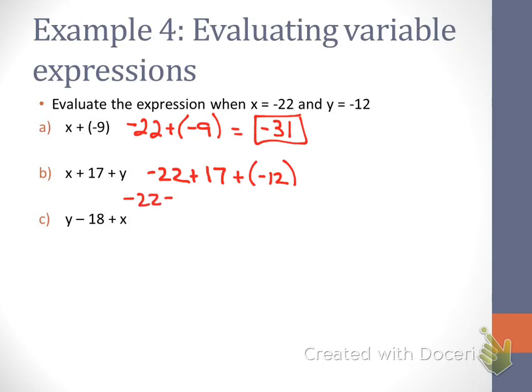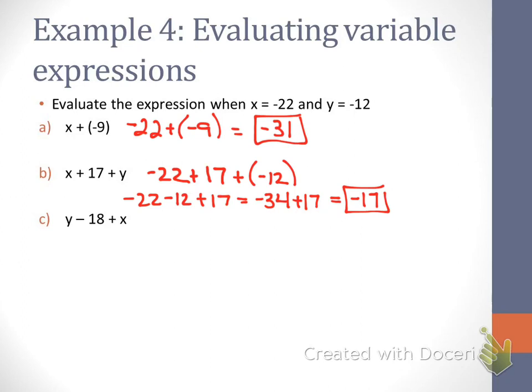Negative 22 minus 12 plus 17. I want to add and keep my common sign, negative 22 plus negative 12, or minus 12, to get negative 34 plus 17, and my answer is negative 17. All right, now I want you to try C on your own.